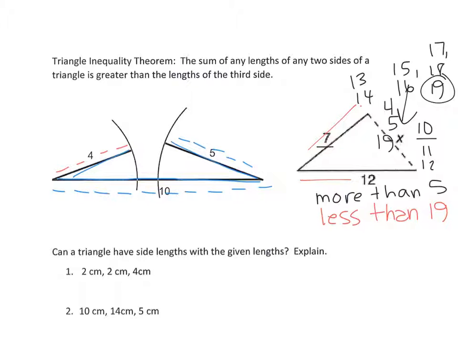What you do is subtract the two lengths to find the difference, and get 5. Then you add the two lengths and get 19. The third side has to be between the two. It can't be 5, it can't be 19, it has to be in between. That's how you write your inequality.